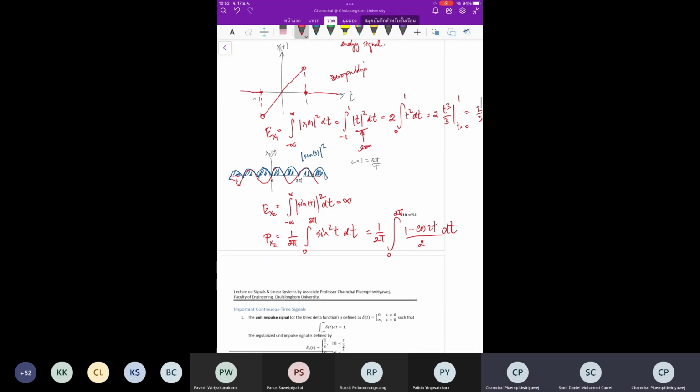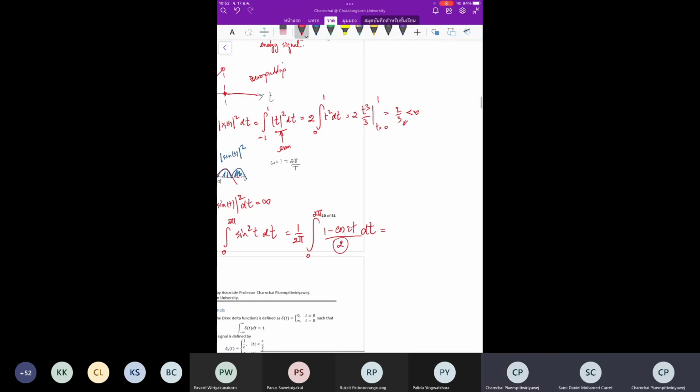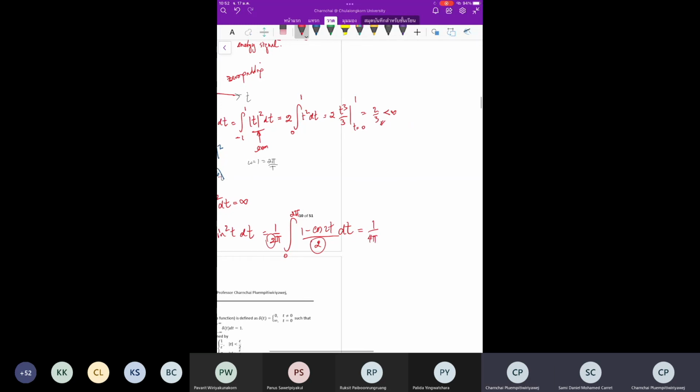Okay, go ahead and do that. What do we have? The 2 can come out, so we got 1 over 4 pi. Integral of 1, which is t. And integral of cosine 2t, we got sine 2t over 2, t from 0 to 2 pi.